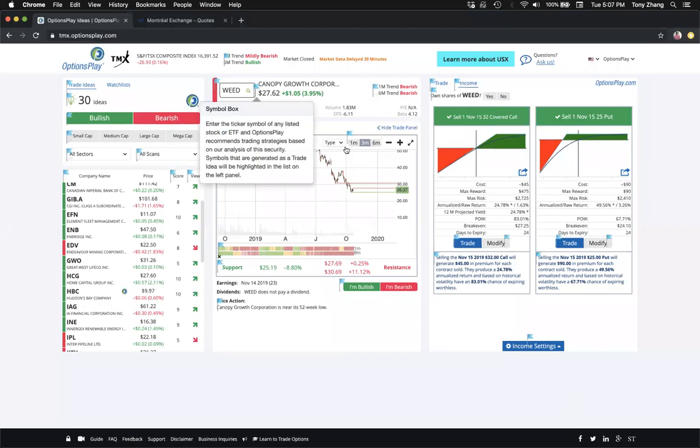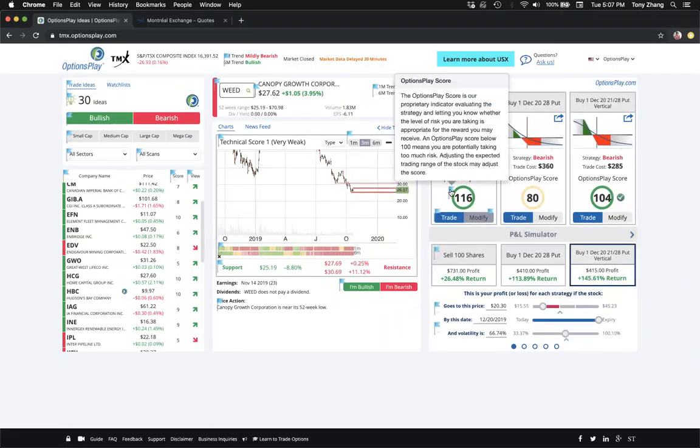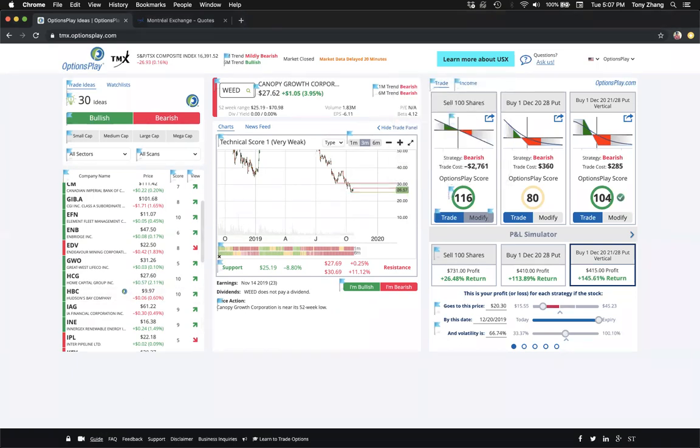Those are the different services that you can utilize in Options Play to help you learn about this platform. William, where can we find the meaning of the symbols such as the checkmark or the Options Play logo? That's where the guide comes into play. You can click on the guide and hit different trade buttons and look at what the Options Play score is. So I highly recommend you use the guide tool for that.